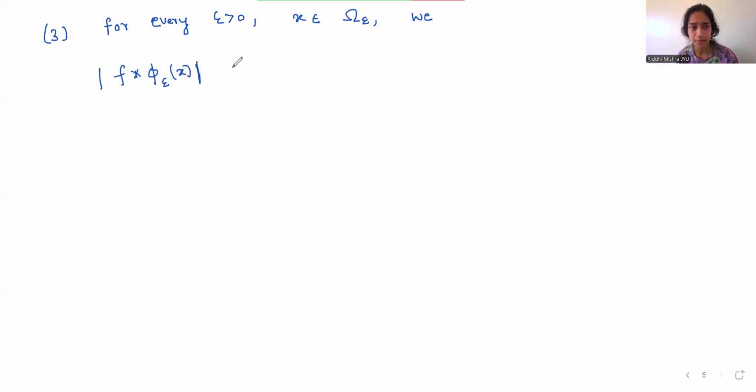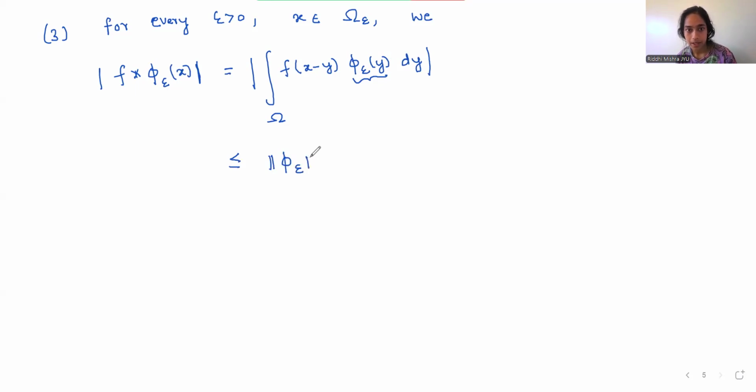This absolute value, by the definition, is the integral over omega of f(x minus y) phi epsilon(y) dy. And now you know that this phi epsilon is a standard mollifier, so it's a smooth function, so you can take the L infinity norm outside, and then you have the integral over B(x, epsilon) of phi(y) dy.